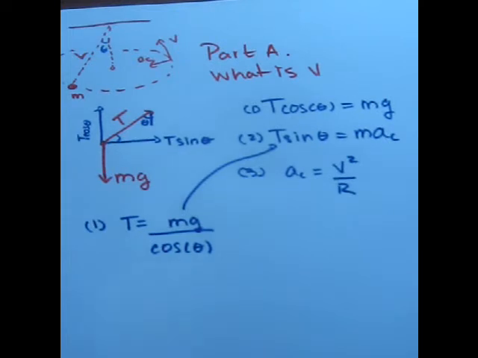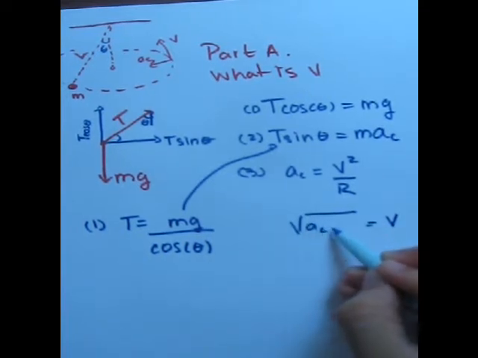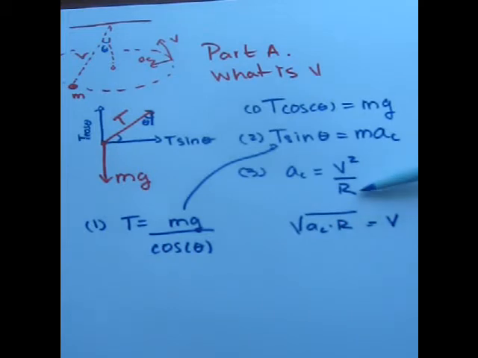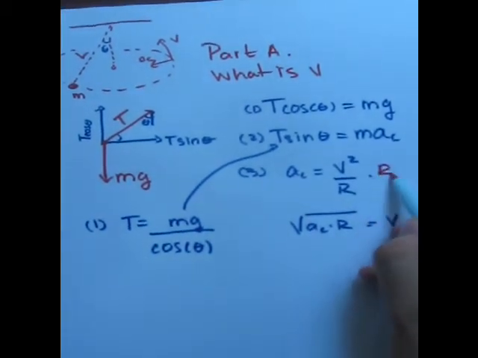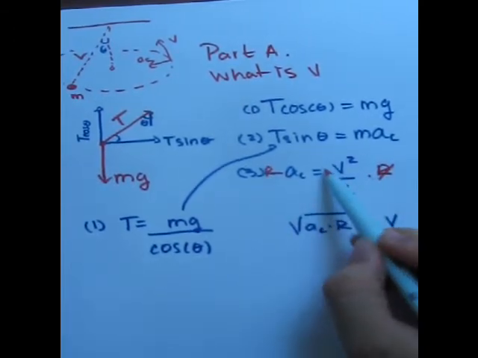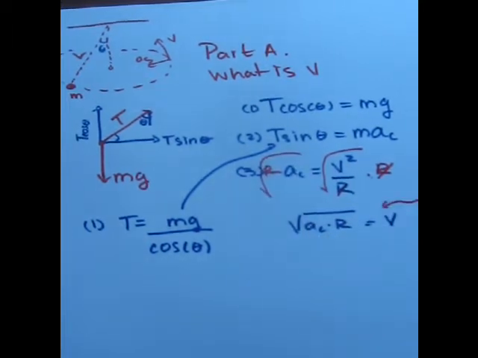Why do I want to do that? Well, the question asks for what is v, so eventually I need to get v equals the square root of a_c times r. I multiply by r to get this here, and I square root both sides to get rid of that 2 there.